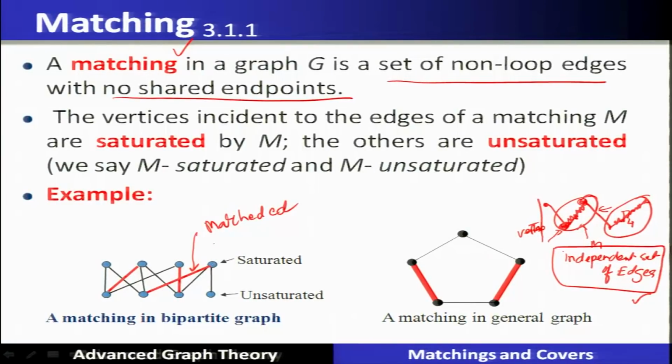When it is incident on this vertex, this vertex will be saturated. The other vertices on which no matched edge is incident are called unsaturated vertices.